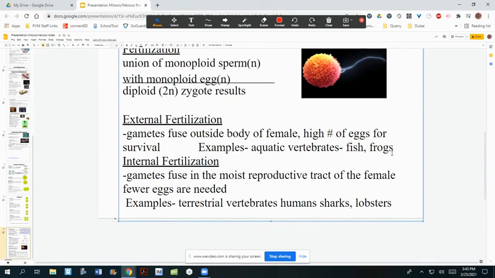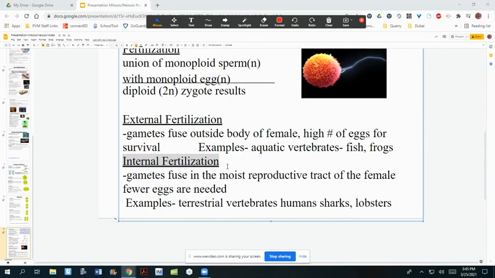They lay clutches of eggs in ponds and waterways, and males will actually come up to them and release their gametes in the vicinity of the eggs and just hope for the best. External fertilization is not really efficient. Internal fertilization is done with organisms that have limited access to water.